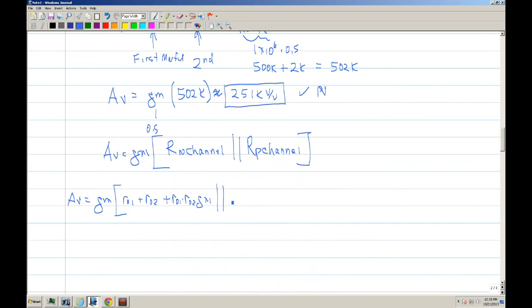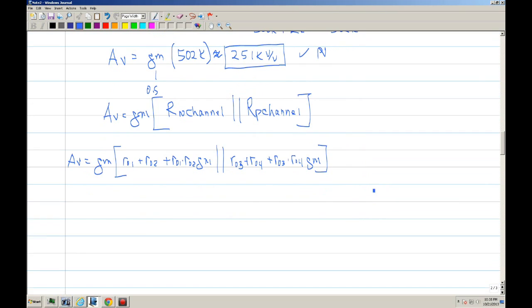Okay. So then we can say that this is R sub 3 plus R sub 4, plus R sub 3, R sub 4, GM. Okay, so that would be the exact. Now you can do a little hand waving, and since these are so small, these can be dropped.